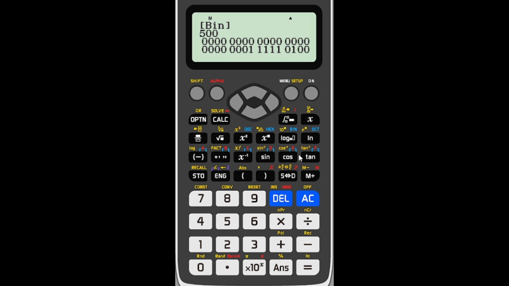That is how to represent 500. And if you press OCT, octal, it will convert this number into an octal configuration, what 500 would look like in base 8. And if you press hex, it will convert this into a hexadecimal number, right? If you press decimal again, it's going to bring it back to the decimal number.